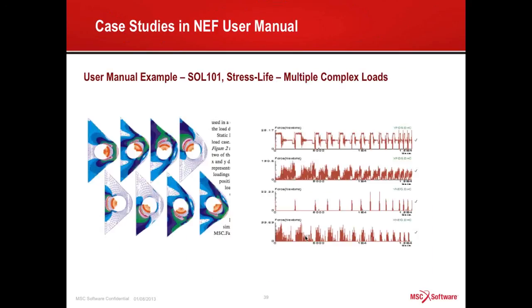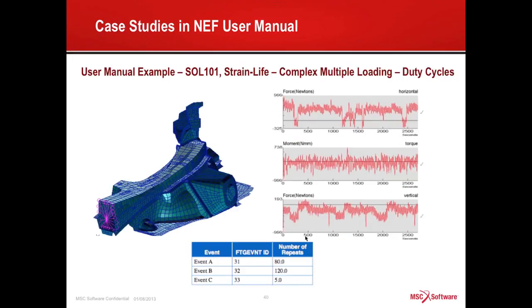Then there is a mountain lug specimen, which is analyzed with stress and static analysis, but with very complicated load histories. There is a shock tower with complex multiple loading, and that introduces the idea of duty cycles as well. That's a static analysis done with strain life.